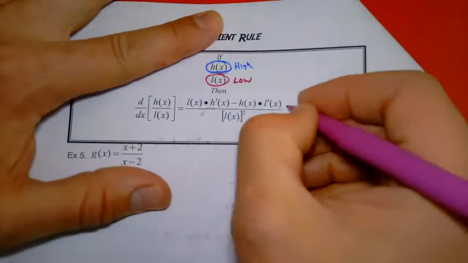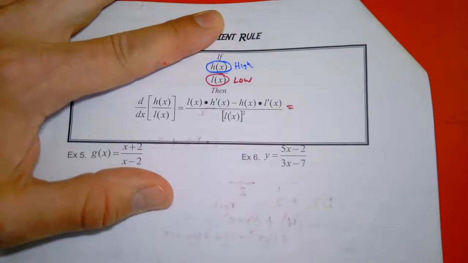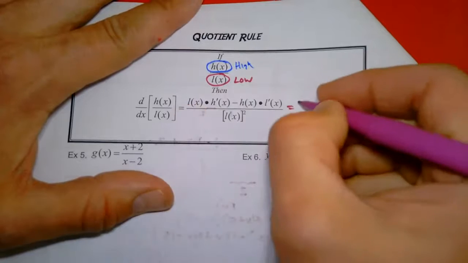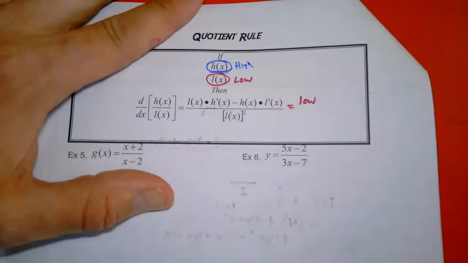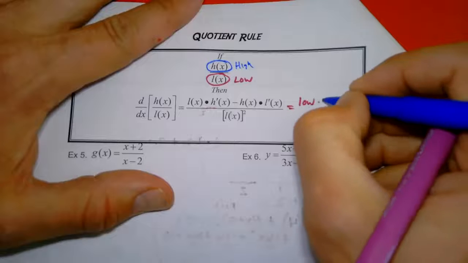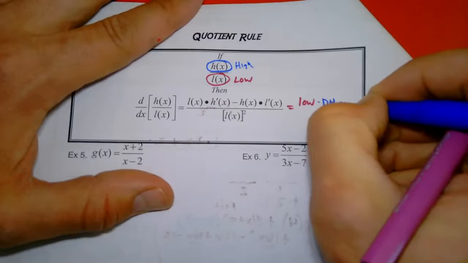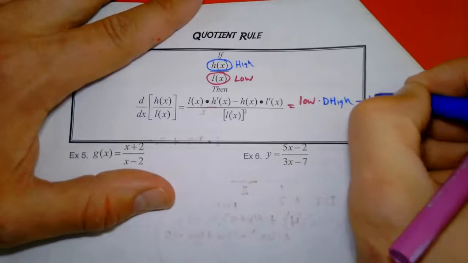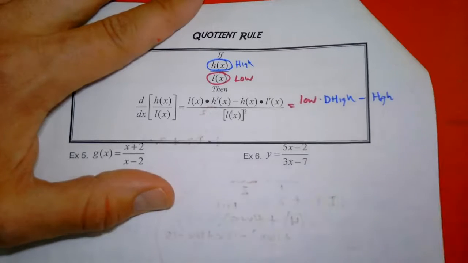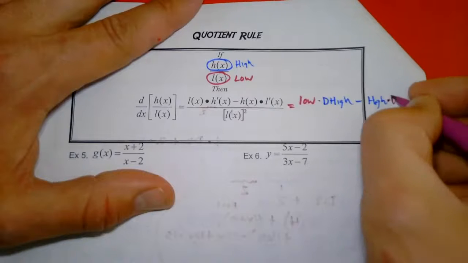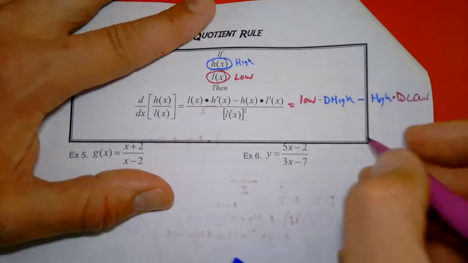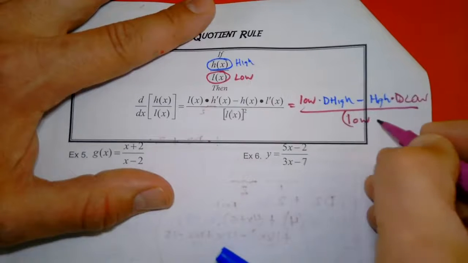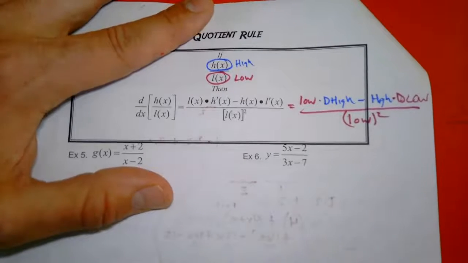Okay, so to do the derivative of a quotient, we're going to take the low one times the derivative of the high one minus the high one times the derivative of the low one, all over low, low, or low squared.